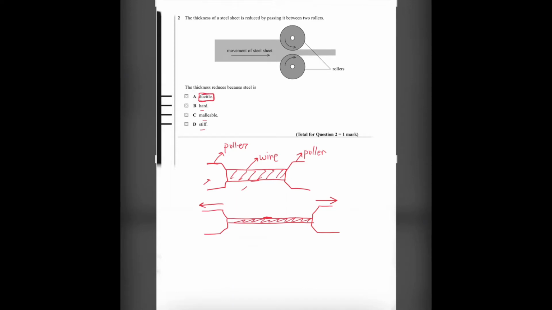So ductile is not the answer, because here we are using a compressive force. Ductile and malleable are both similar, but they have their differences when it comes to compressive force or tensile force. So the answer is not ductile. It is not hard, because hard is a property which just checks how it resists any scratch or something like that.